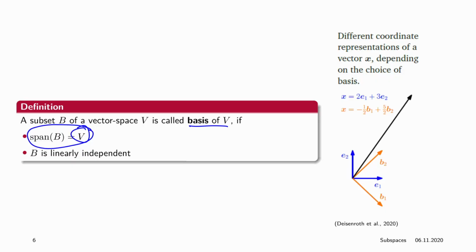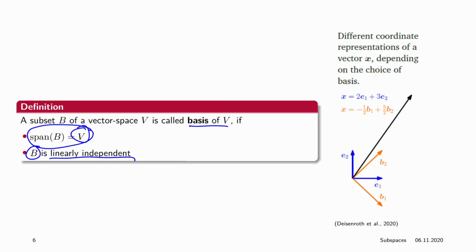So for 2D we needed a basis of two vectors. And the second property that we want is that B is linearly independent. So the vectors in the set B are linearly independent.